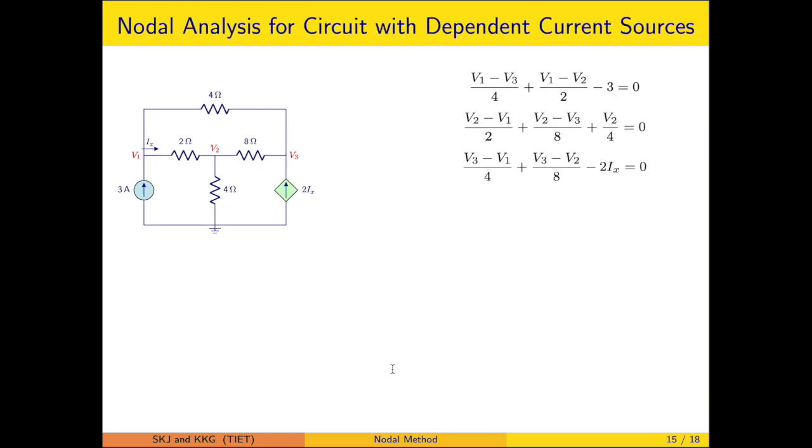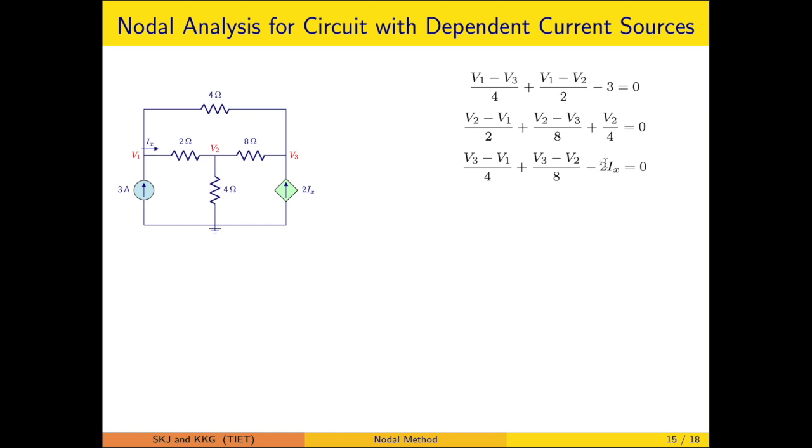Now we are extending it to a case where dependent current sources are present. So you can say one of the sources is replaced by a dependent current source. Here the equations are to be developed on similar lines, no special care as such. You are simply treating this as a source.